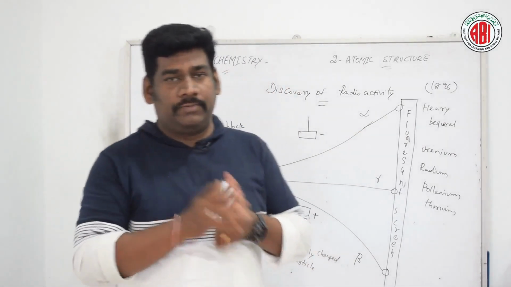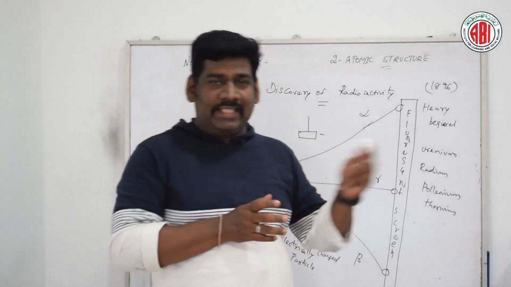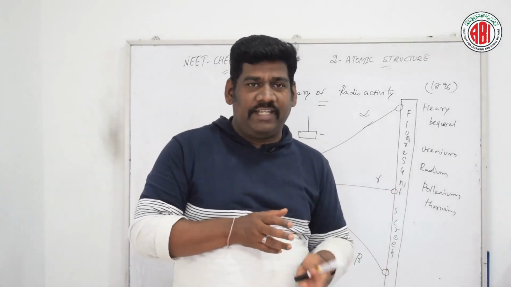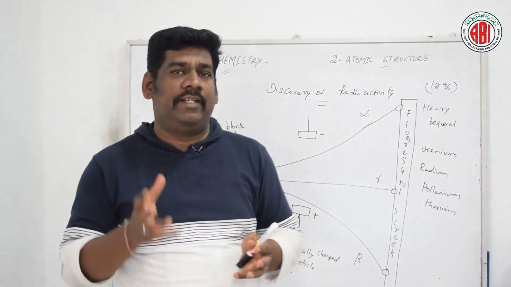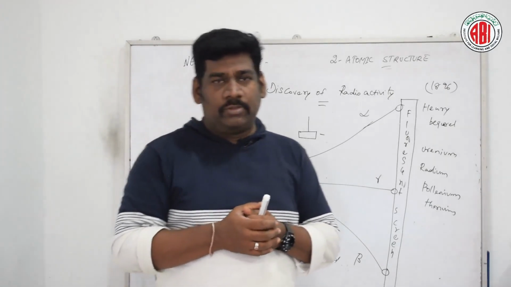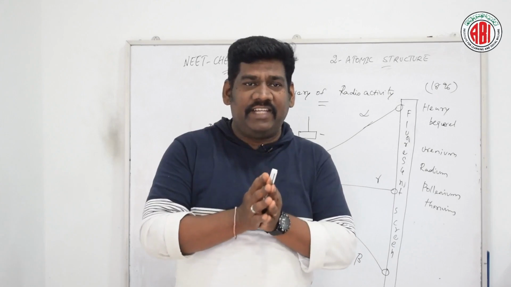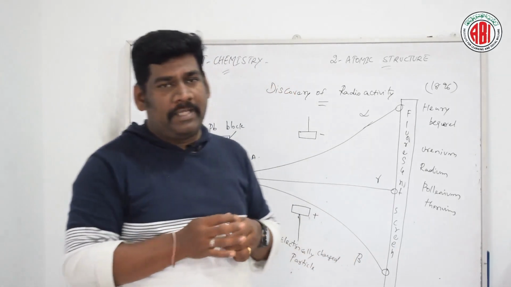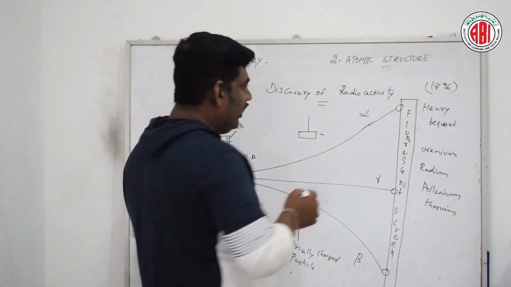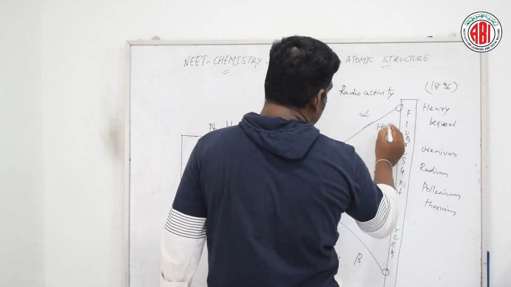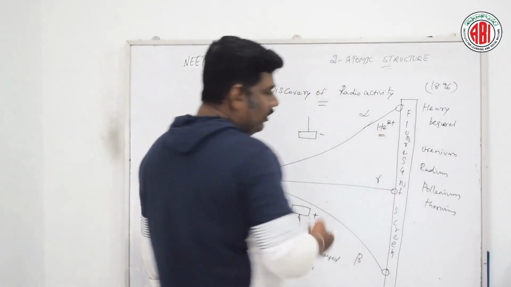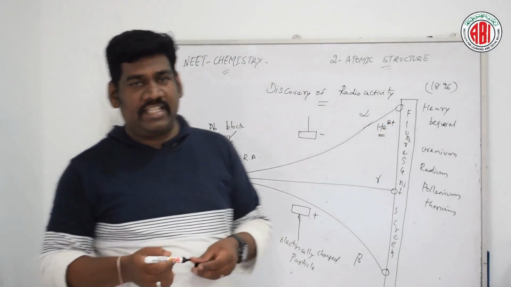Now, these alpha rays have some properties. These rays were found to consist of positively charged helium-2 plus ions, helium-2 plus particles. So these rays are positively charged particles.